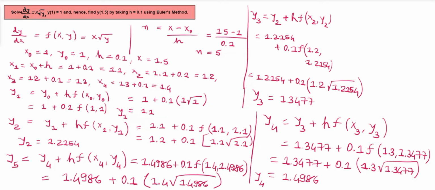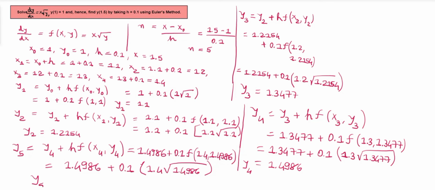This we get equal to 1.67. This is the value of y(1.5). Here I'll just write that my y5 is equal to y(1.5) is equal to 1.67.